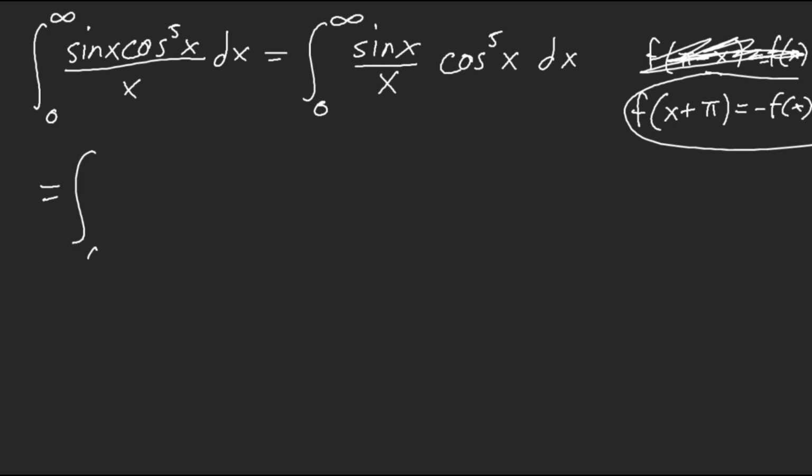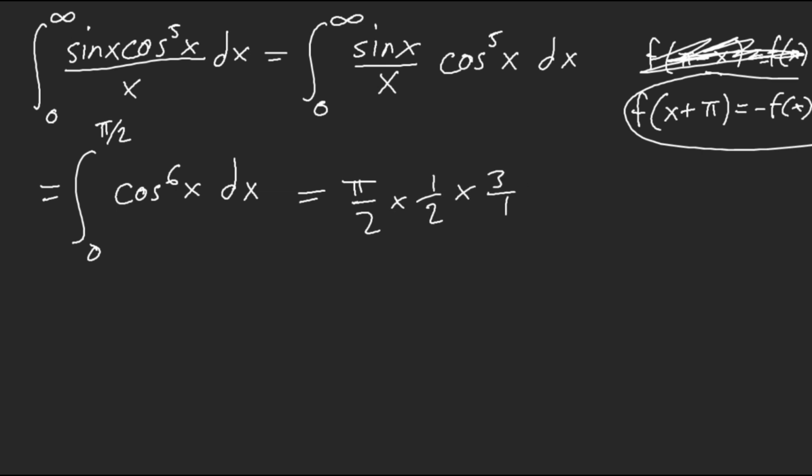So we apply the cosine Lobachevsky, and we end up with cosine 6x, the function times cosine of x. And now, Wallis' product: pi over 2, and 1, 2, 3, 4, 5, 6.